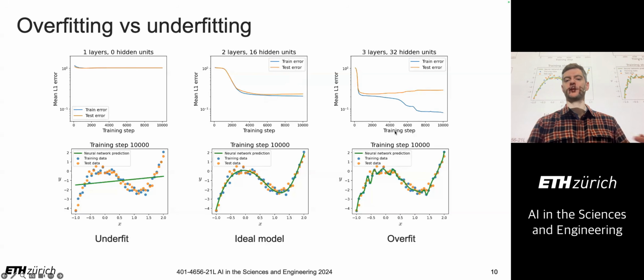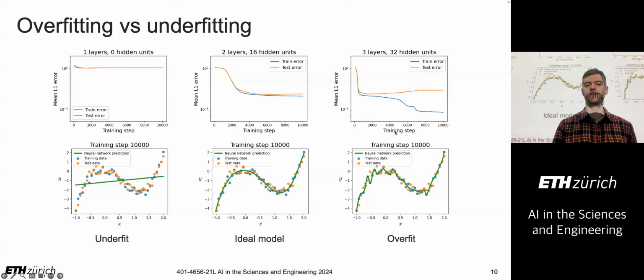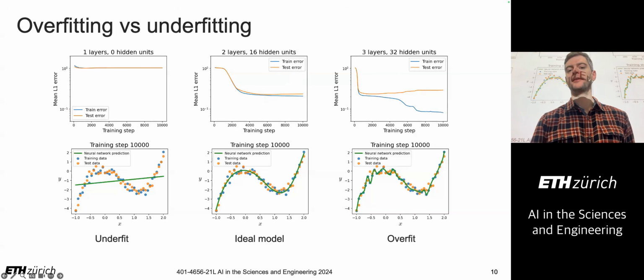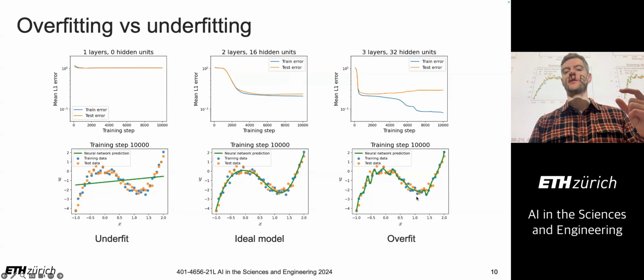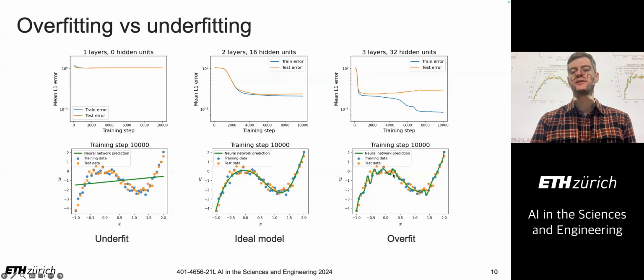But what's interesting is if you increase the size of the network, the training error and the test error start to diverge. When you look at the function the network learns, you can see it's a much higher frequency function, and it's very accurately fitting to the training data, but not fitting to the test data very well. We say that this function here is overfitting to our training data. So we have this gap between our training error and our test error.